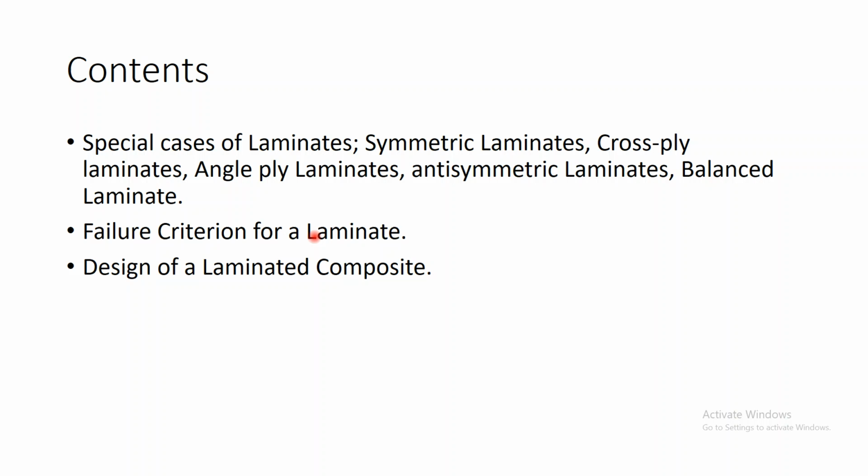Before going to that, I hope everyone is aware of the main difference between a lamina and a laminate. A lamina is nothing but a single layer, as you see, this is what we call a single layer of a composite. A laminate is a bunch of layers that are stuck together, and it forms a certain thickness.